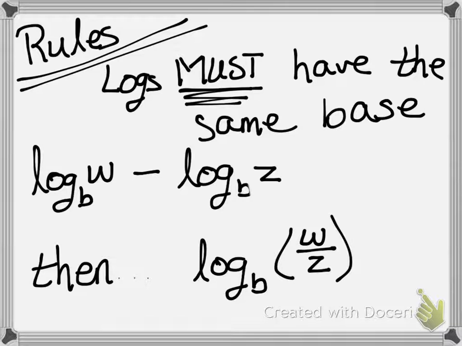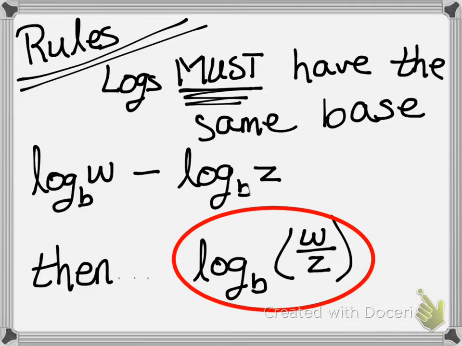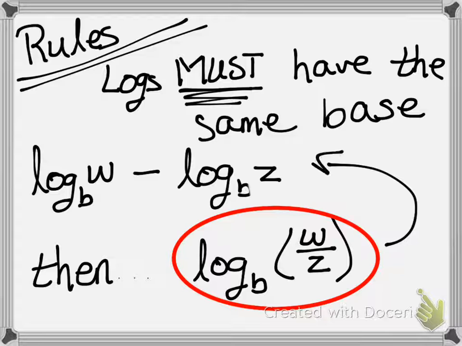The first one will always be in the numerator. Now, if you start with this log base b of a quotient of something being divided, then you can go ahead and separate them if that is going to help.